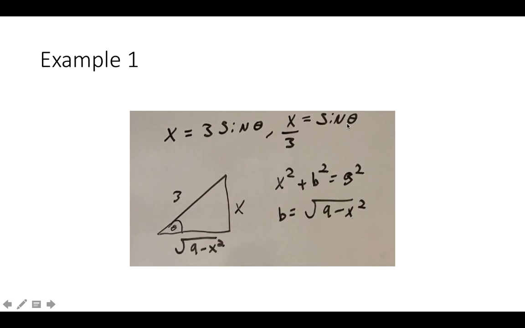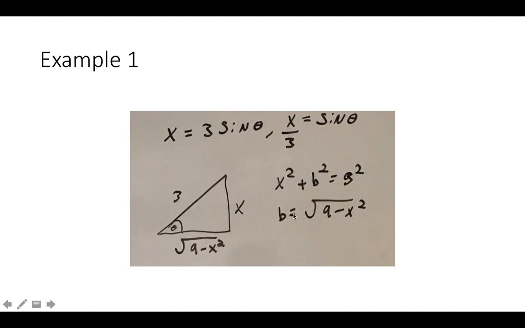The definition of sine is the opposite over the hypotenuse. So we know that x is going to be the opposite side, and 3 is going to be the hypotenuse. So how are we going to find the adjacent side? Pythagorean theorem, x squared plus b squared equals 3 squared. Rearrange for b, and we can say that the square root of 9 minus x squared is the adjacent side.